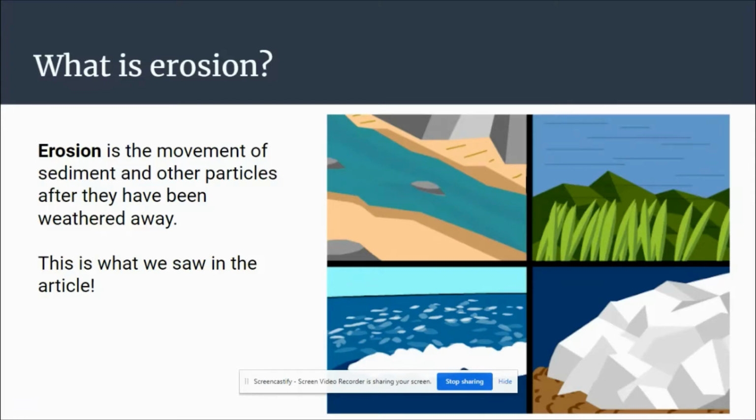This is what we saw in the article, going back to that picture I just showed with the sandy beach and that sand just being whisked away. That is the actual process of erosion, and something really familiar to us as we call the Great Lakes home. When we get into oceans and rivers and streams and other bodies of water, that looks very much the same.